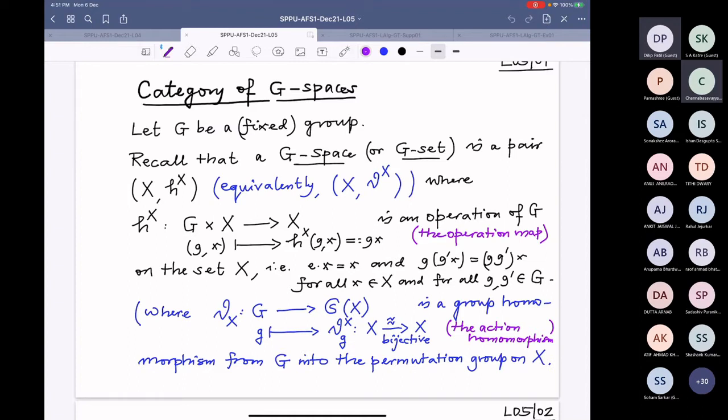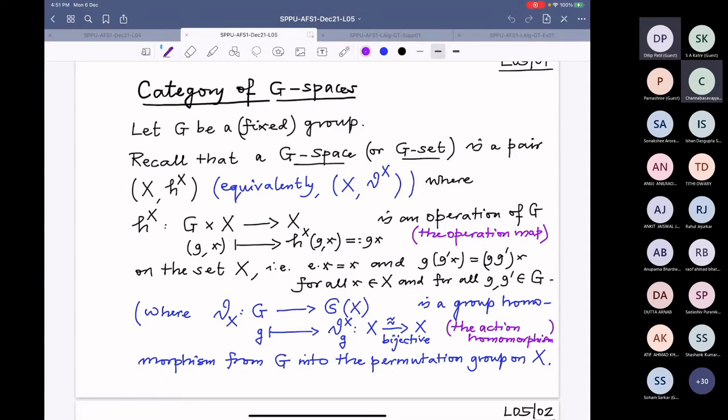So H^X is an operation map, and that is what we are denoting like this. In order to simplify the notation, we have abbreviated this H^X of (g, x) by g times x. But it is understood that it is a fixed operation of G on X whenever we talk about a G space. Different operations will give you different G spaces.